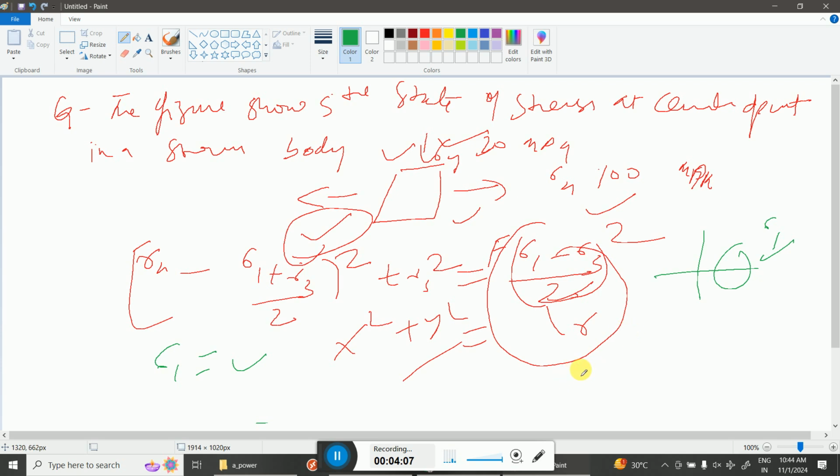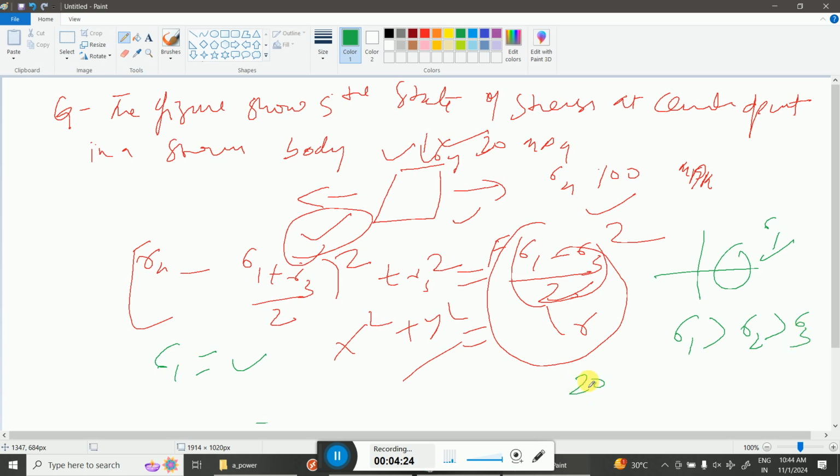So from the formula we will put the values. What is sigma 1? Sigma 1 is 20 because it is compression. We know that sigma 1 is greater than sigma 2, which is greater than sigma 3.